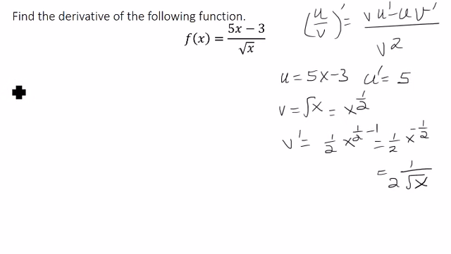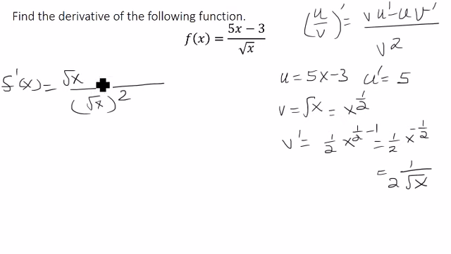Alright, so f prime of x equals, over v squared, which is square root of x squared, v, which is the square root of x, times u prime, which is 5, minus u, which is 5x minus 3, times v prime, which is 1 over 2 square root of x. And that's the answer if you don't want to simplify it.